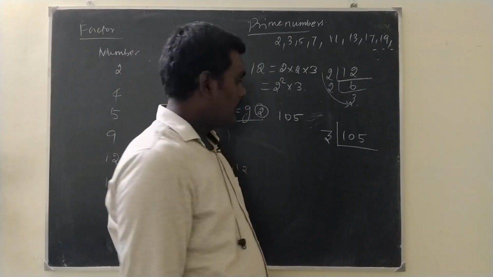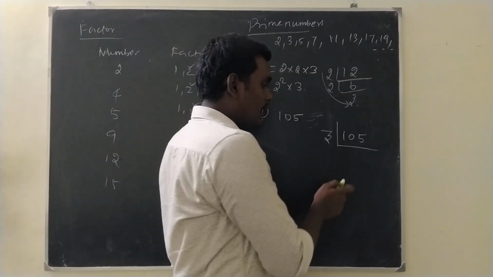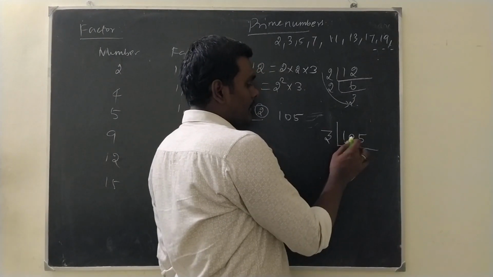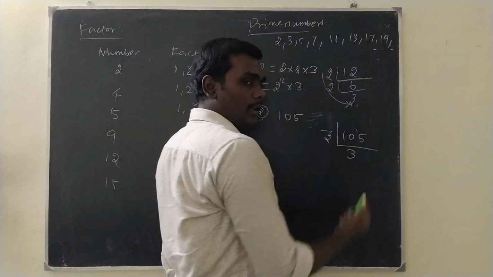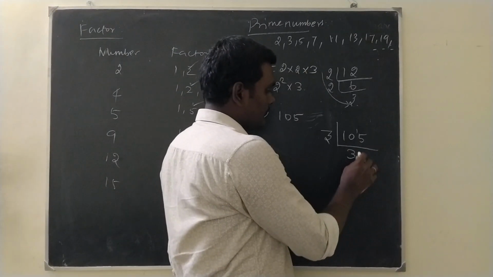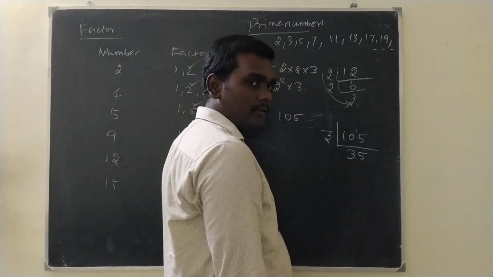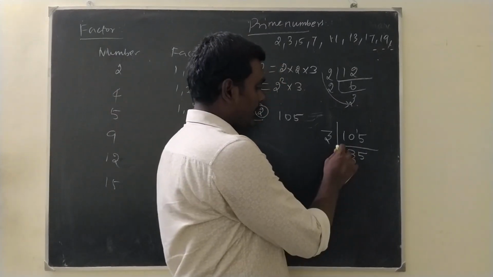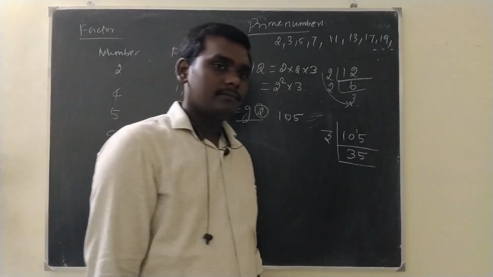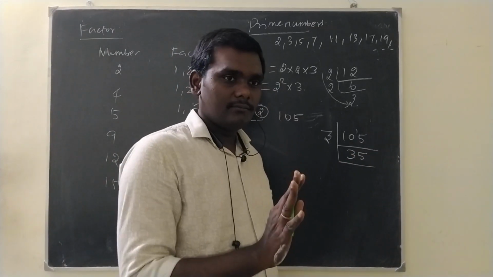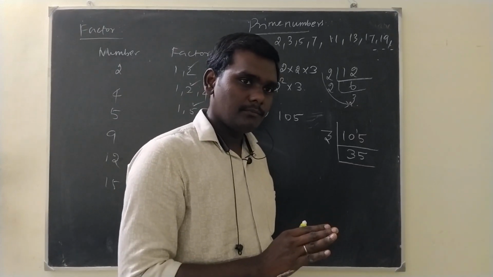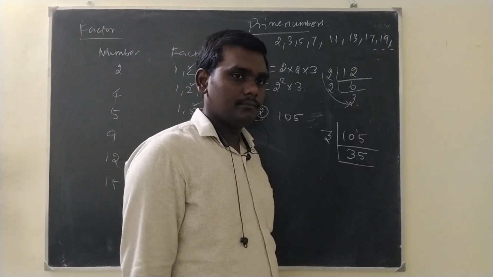So 105 divided by 3. How will you divide? 3 3s are 9. Carry over 1. That makes this 5 as 15. Then 5 times 3s are 15. Then the least prime number that can divide this, don't say 7. Below that, any prime number? 5.